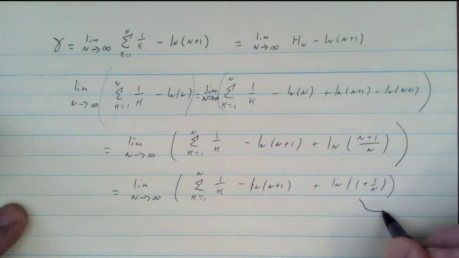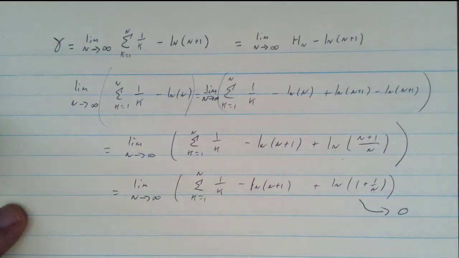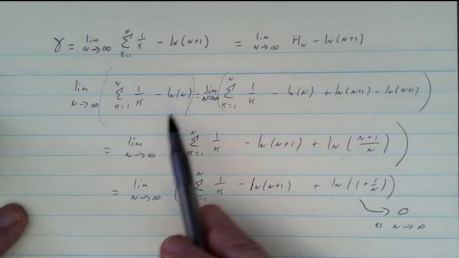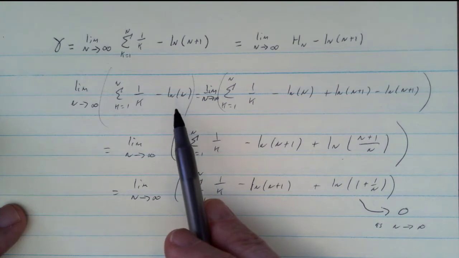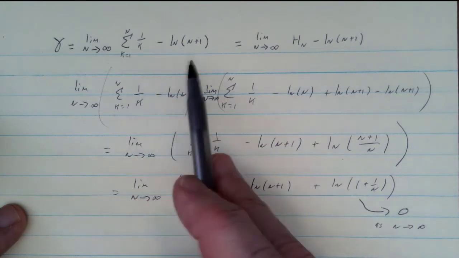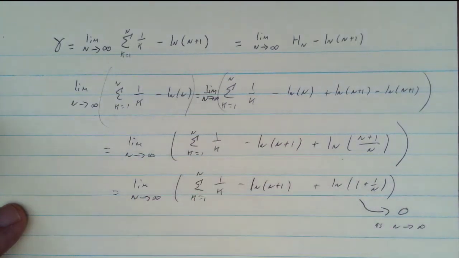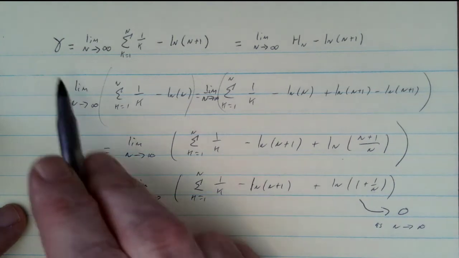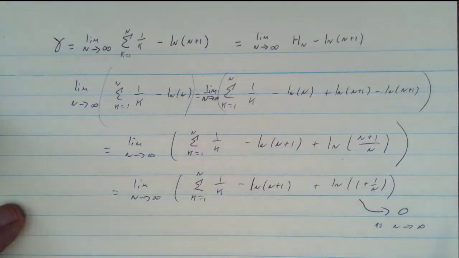And then this term obviously goes to 0 as n goes to infinity. As we get closer and closer to log of 1, roughly log of 1 plus 1 over n will be 1 over n. So as n goes to infinity, this goes to 0, giving this. So this limit, if you only have an n, that limit's the same as this limit. So it doesn't matter which way you define it. They both converge to the same thing, which we'll call gamma.